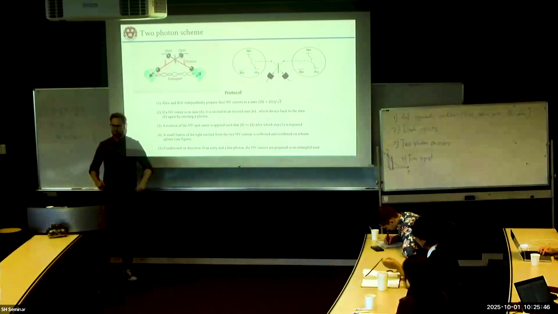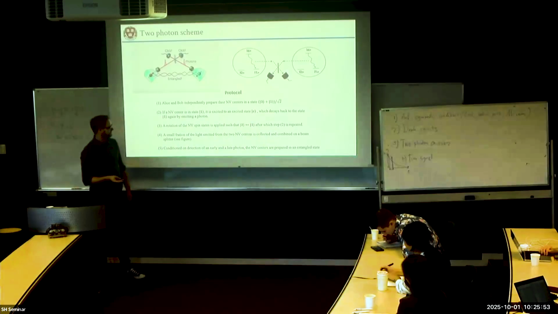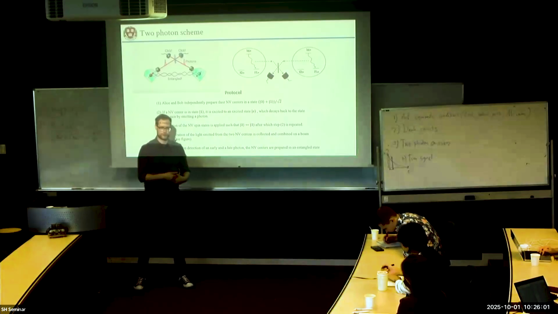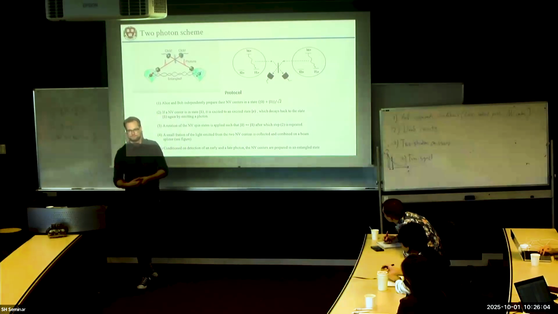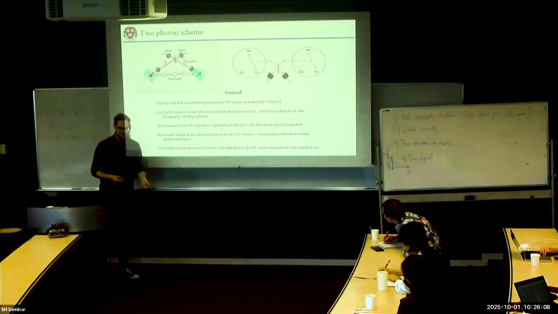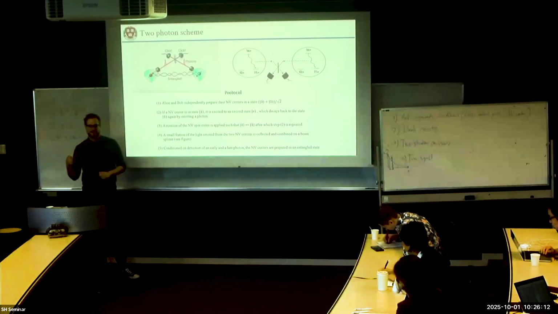Then after I've excited, I'm going to do a rotation, basically flip them, and then go back and excite again. Then these photons I'm going to collect on a beam splitter and do detection. And if I detect an early and a late photon, my claim is that I have entanglement. So I need to detect two photons, one from the early time, which is the first excitation, and one from the late excitation.